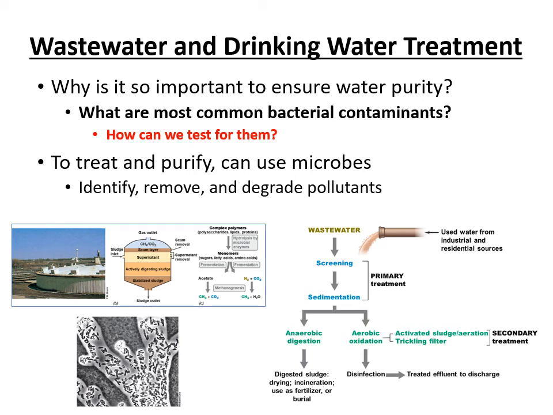As we saw in previous slides, microbes are great at degrading pollutants. They're very good at digesting things that we wouldn't be able to. So for instance, in this figure, for wastewater you can have screening and sedimentation, and then over here are microbes that are breaking down the sediment and digesting it into cleaner, more broken down products.